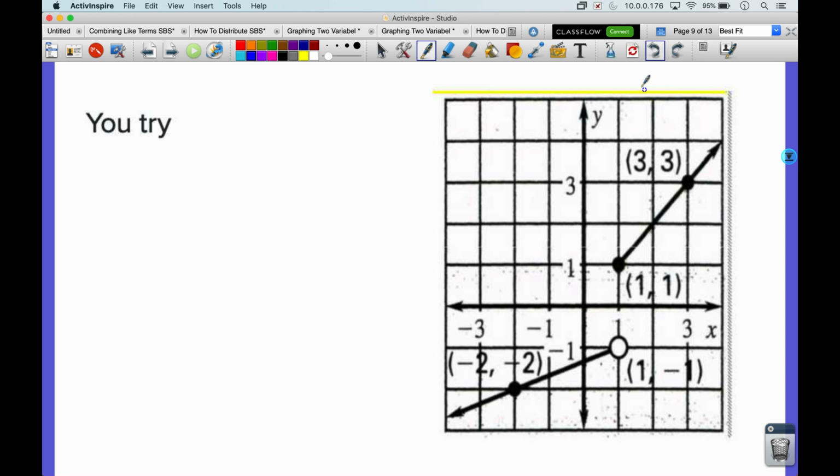Here we've got another piecewise for you to pause the video and copy down. Next to each of these lines, I'm going to imagine that they both cross the y-axis so I can get a y-intercept. This is just the line y equals x. And this here, it's got a slope of positive 1/3 and a y-intercept of negative 4/3.